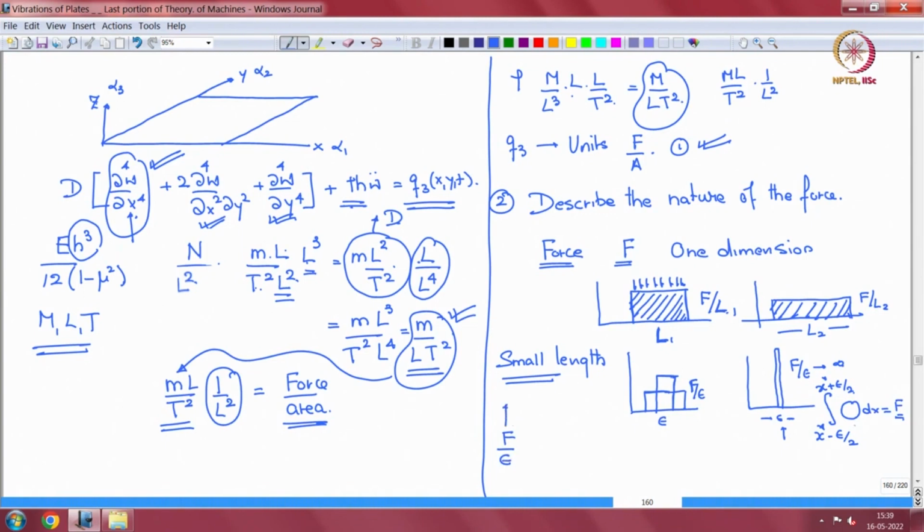However, under the integral sign it gives the value F. So, this aspect is represented as F delta of x, where delta x is the Dirac delta function.